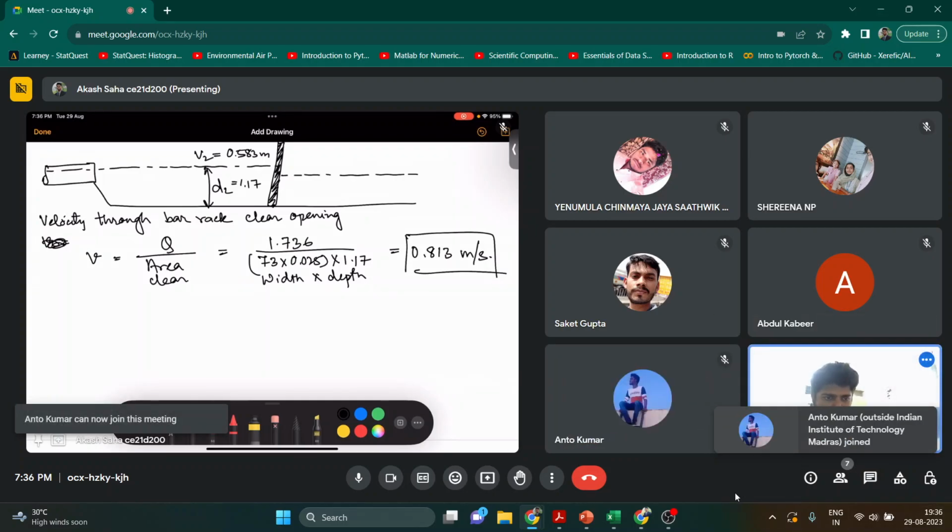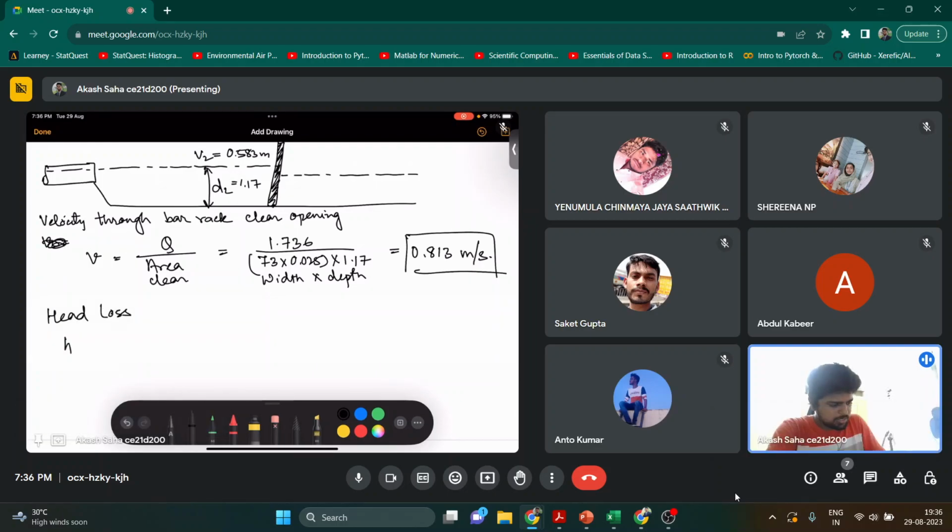Right. So now we will find the head loss. For head loss, there is a direct formula: 0.079 into the velocity through the bar rack screen minus the approach velocity, that is my V2, squared.